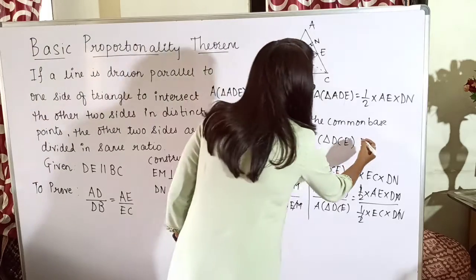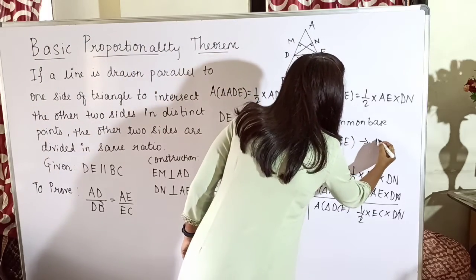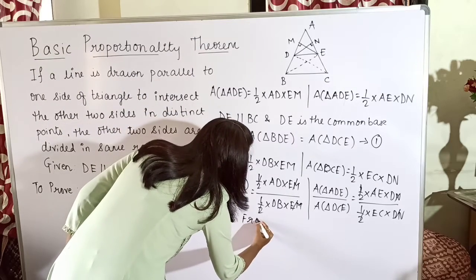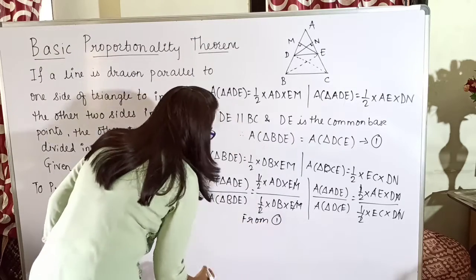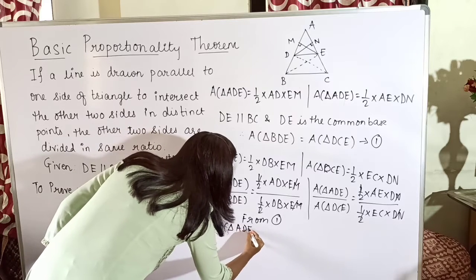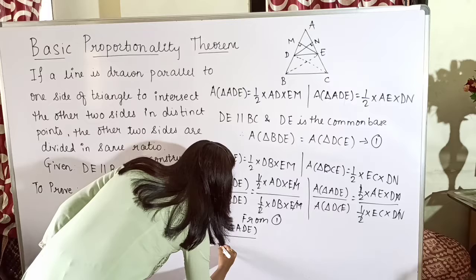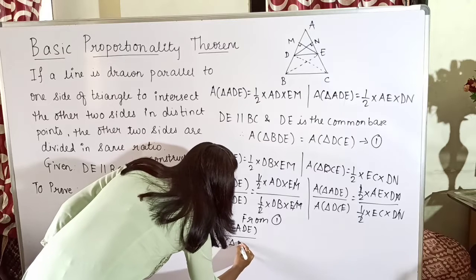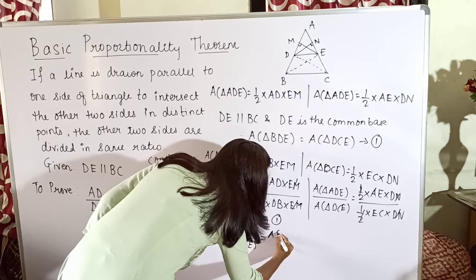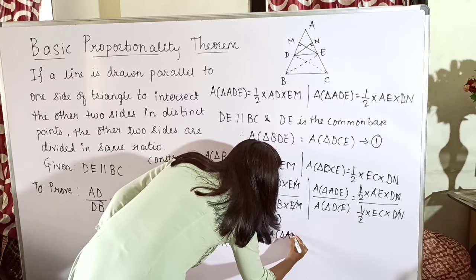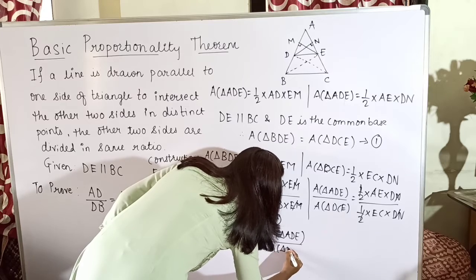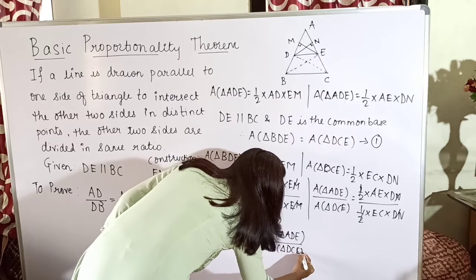If we mark this as our first equation, from equation 1, I can write area of triangle ADE upon area of triangle BDE is equal to area of triangle ADE upon area of triangle DCE.